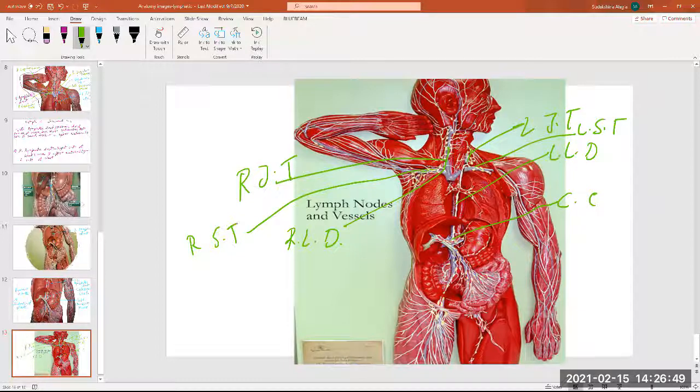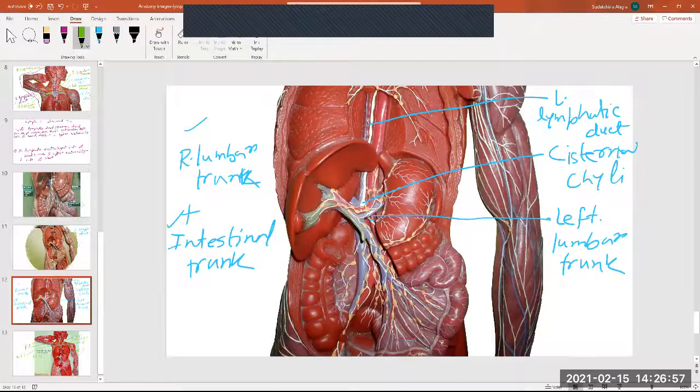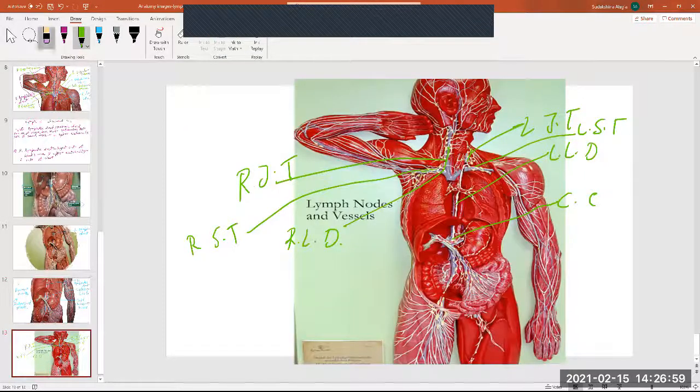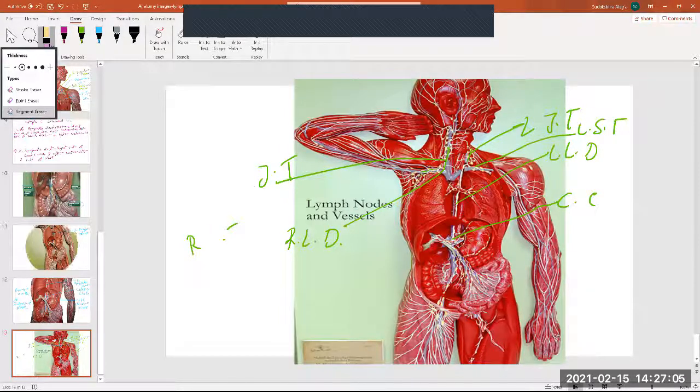We also have lymphatic nodes, commonly referred to as lymph nodes. Okay. So these lymph nodes are everywhere along the lymphatic system.